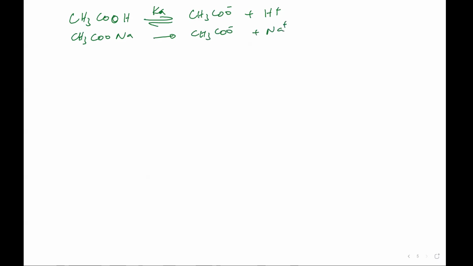So how do we get the pH of such a buffer? If they said that they started with a concentration of ethanoic acid, for example, to be 0.5 mole per decimeter cube, and the concentration of the salt, for example, is 0.1, whatever.